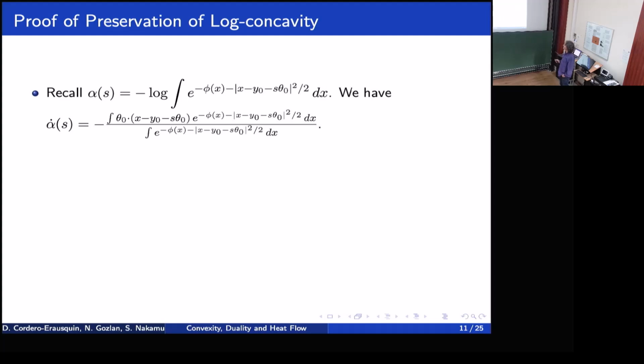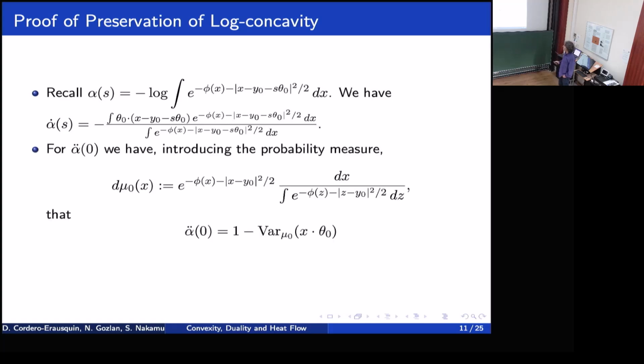Recall that y0 and theta 0 are fixed, so as a function of x this is a probability density. Let me call it mu 0, which is just at s equals 0. I took s equals 0 for the second derivative, and I'm calling this mu 0 because it will appear twice.